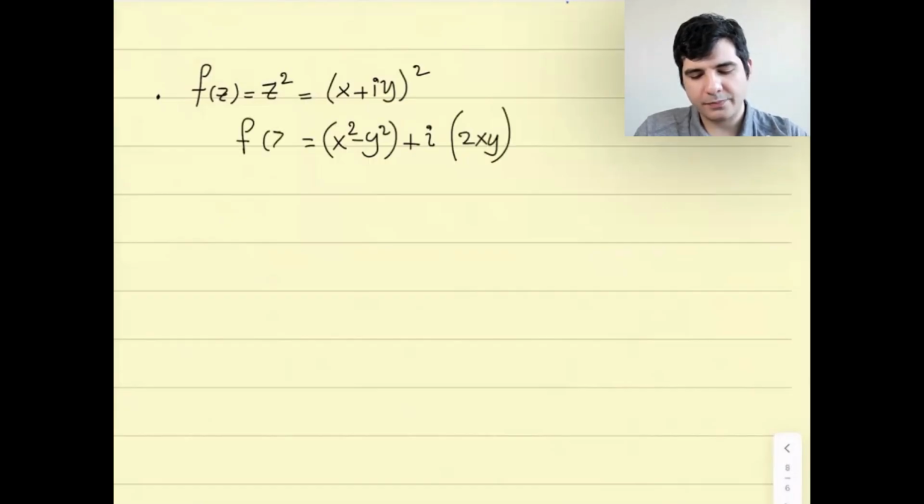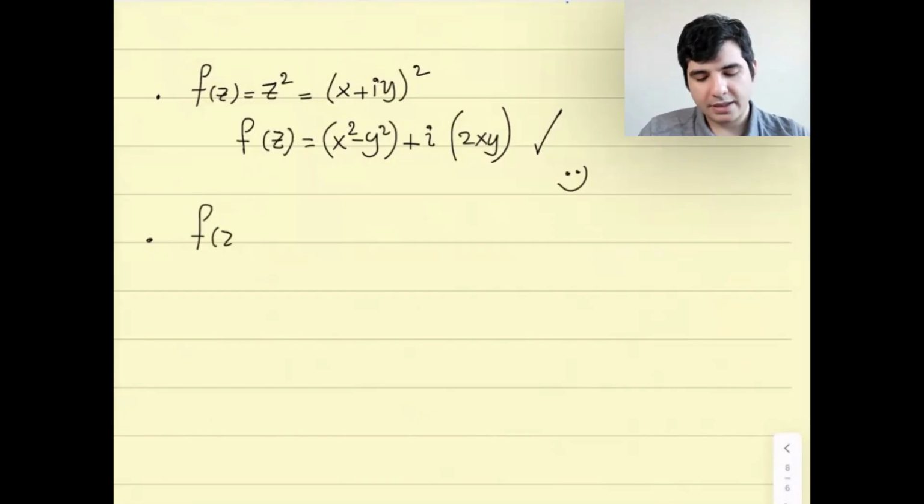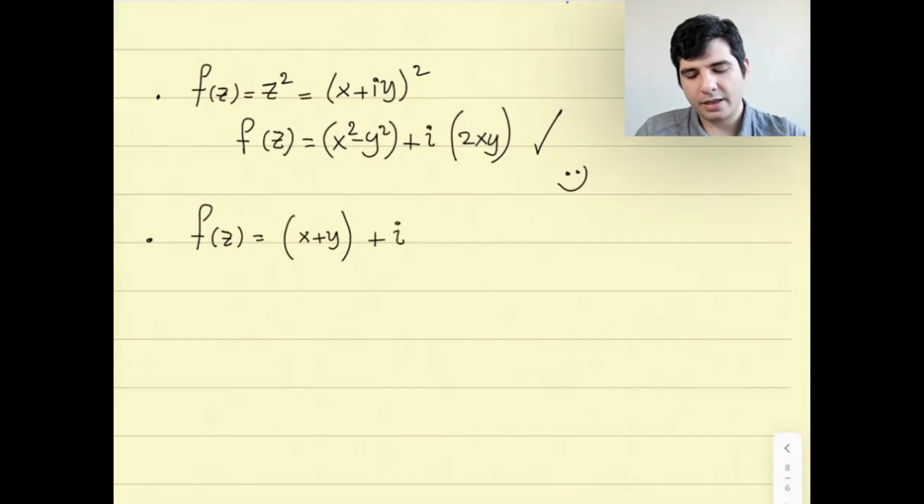So this is f of z. This was differentiable, right? So happy. But f of z equals x plus y plus i(x minus y) is not differentiable.